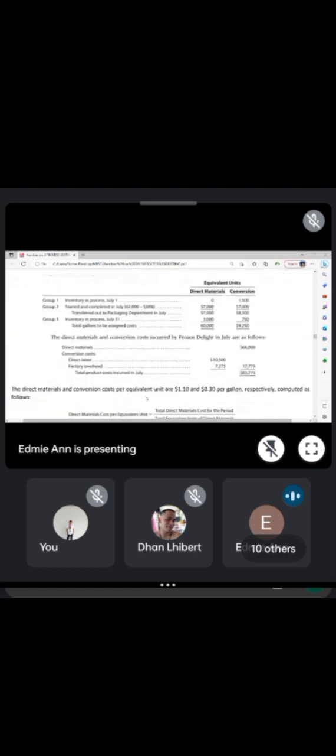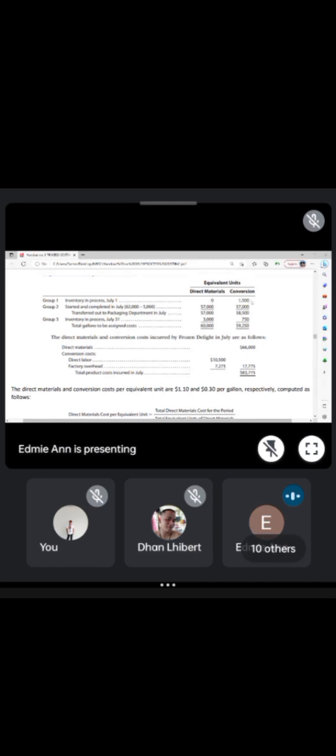Now, presented here is the table of EU per conversion cost. For inventory in process beginning, we have no materials added, and for conversion cost, this is the 30%.